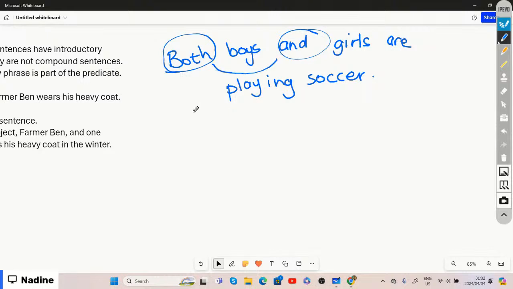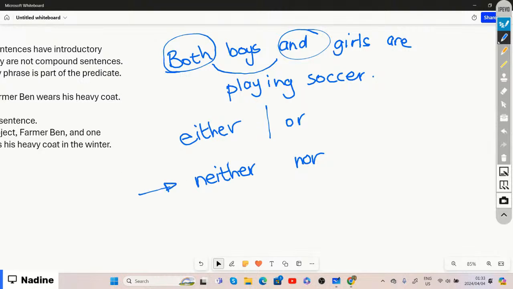Or you can say words like either or. Or you can use words like neither nor. So, Prabha is neither a dancer nor an actor, which means I'm saying you are not a dancer and you are not an actor.